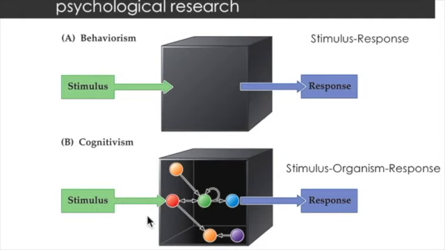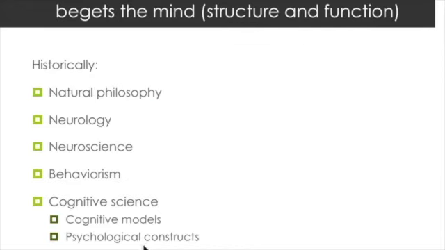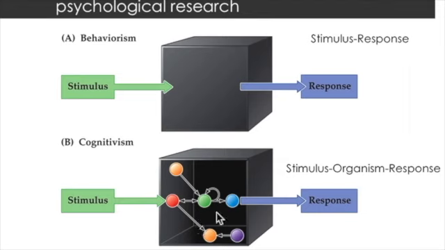So it's not just a simple black box relationship between stimulus and response, but the organism itself actually matters, and there are actually individual psychological constructs, right? So that's actually what these little blobs are supposed to represent. They're constructs, or kind of core pieces of information that are inside the black box that actually make a difference for how the stimulus translates to response.